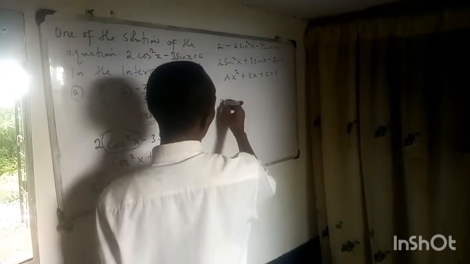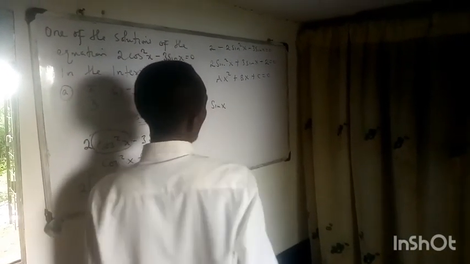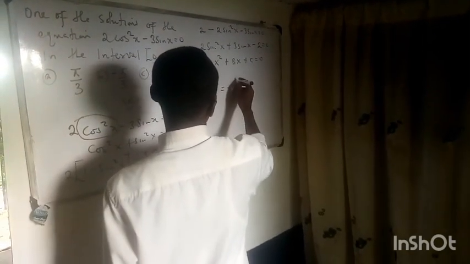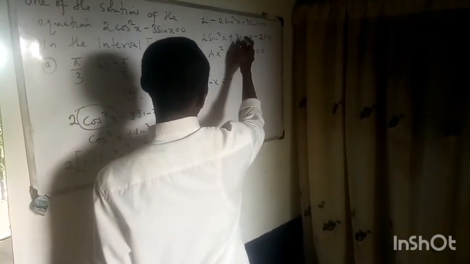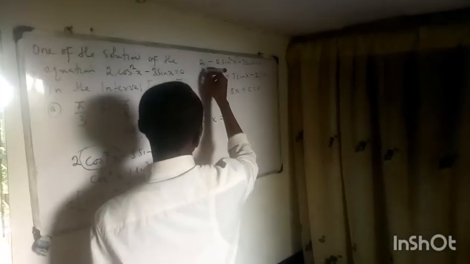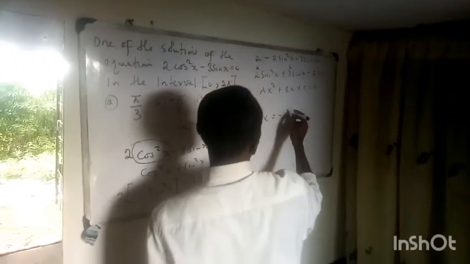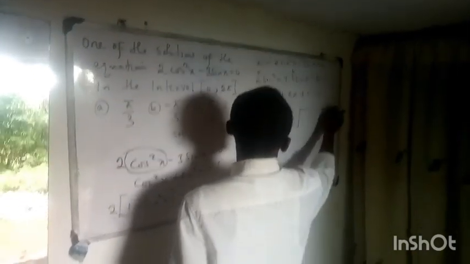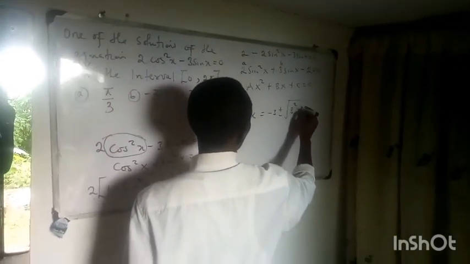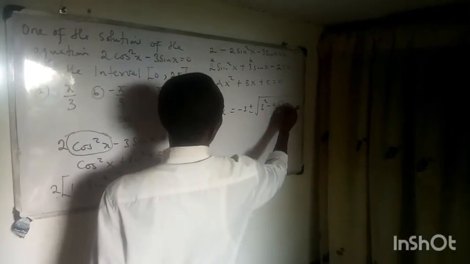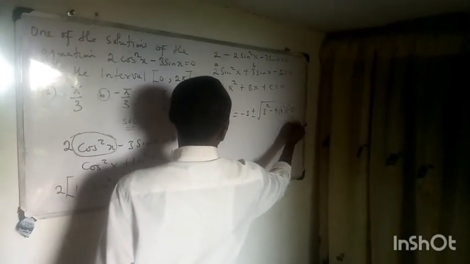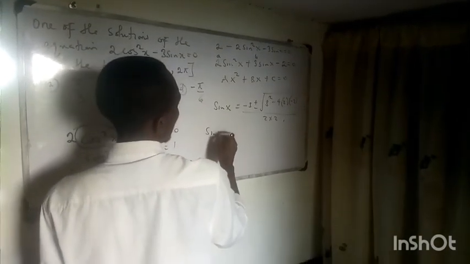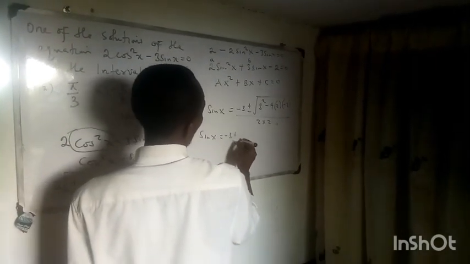So this becomes sine x equal to minus b, this is our a, this is our b. So this is minus 3 plus or minus root b squared minus 4a c, then over 2 times a. So sine x is minus 3 plus or minus.